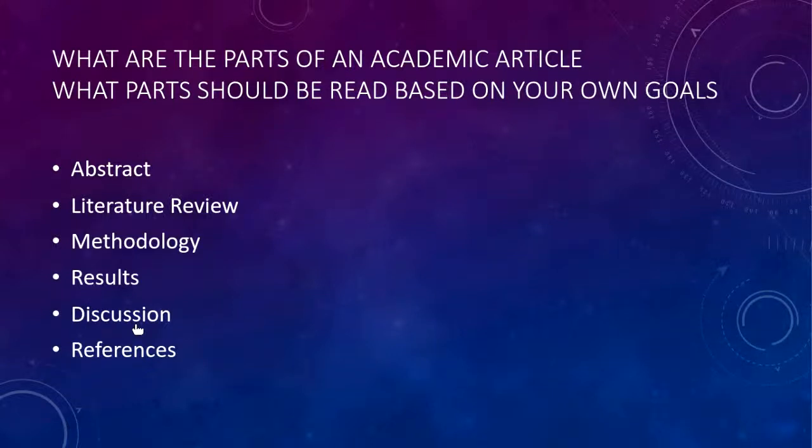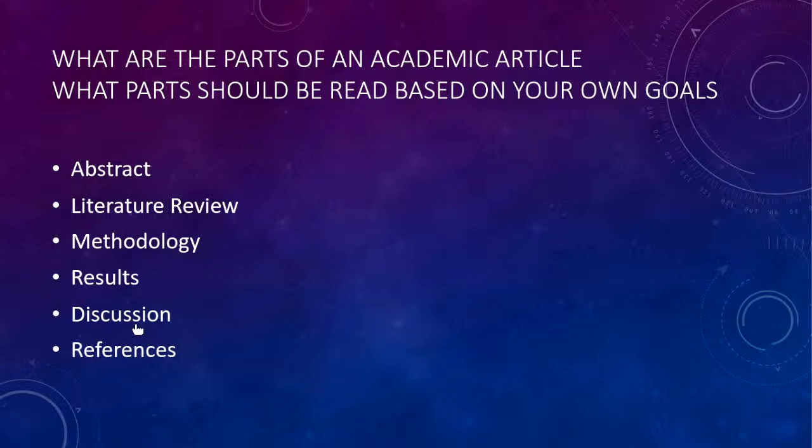But the main thing you're looking at this article for, if you're using it for research, is the results in the discussion. So if you know enough about a topic, you don't need to read anything else. You look at the abstract to make sure it's relevant for you, your topic, and then you go down and you read the results, the findings, and the discussion. What did they find? How did what they find support your ideas?